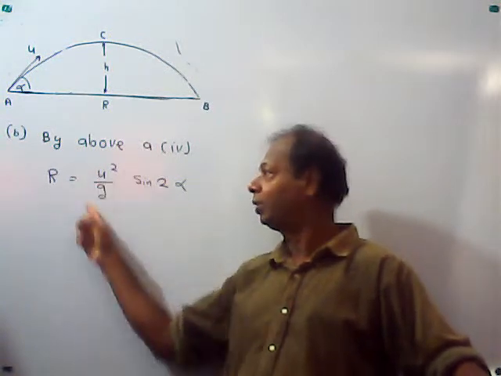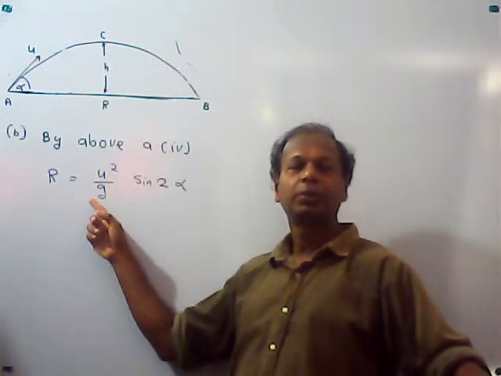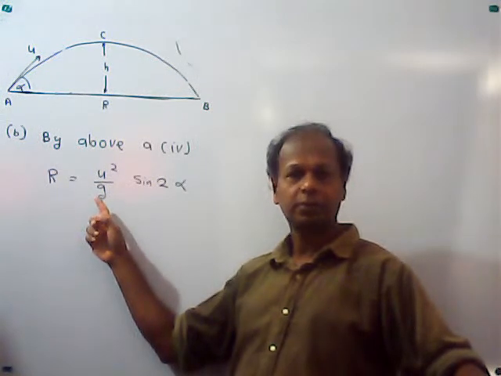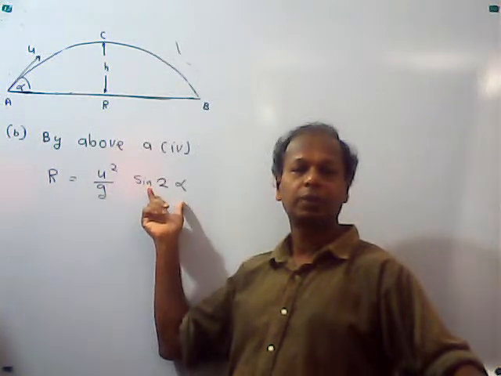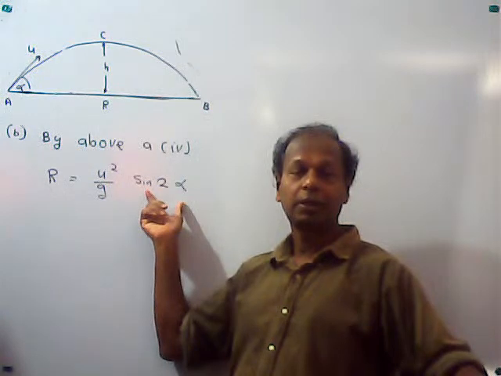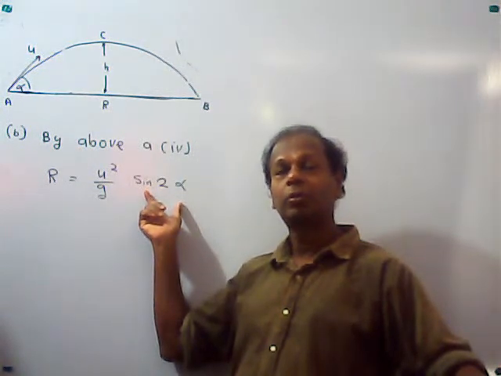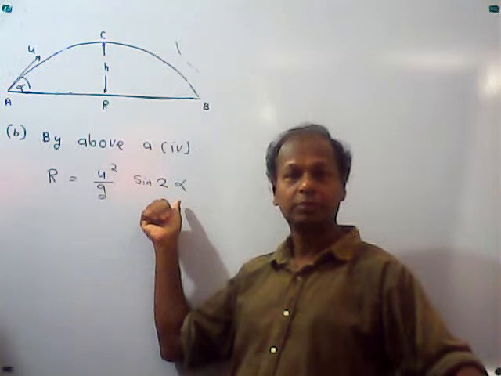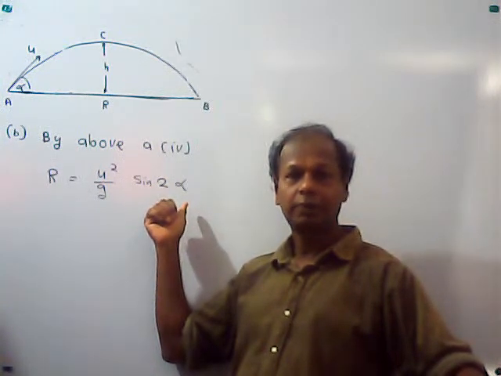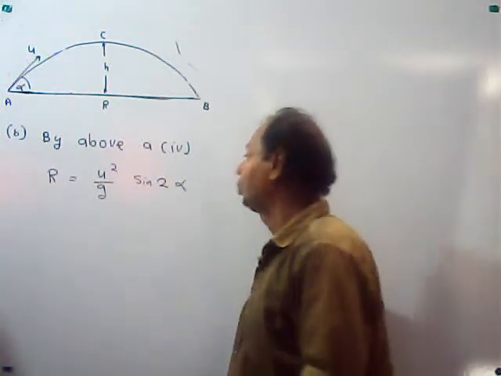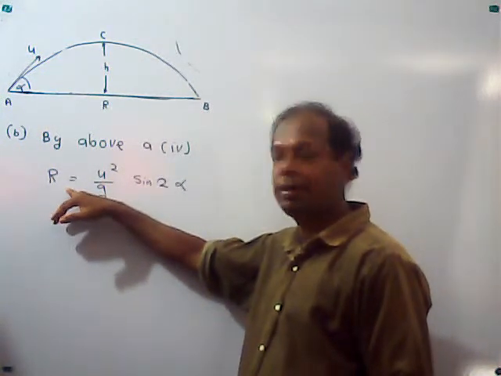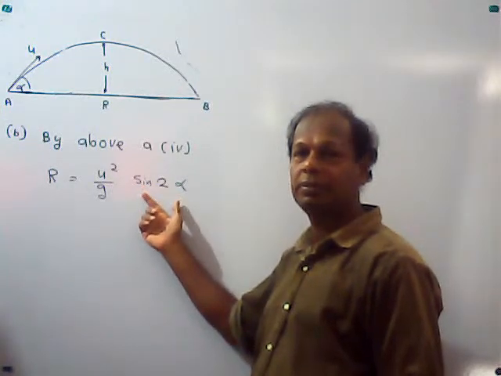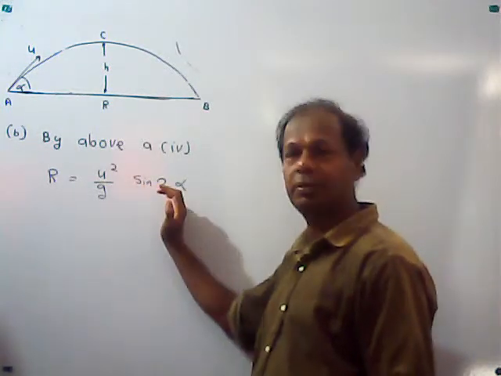So as a whole, U squared over g is a constant. R varies with sine 2 alpha, and R varies with alpha, because sine 2 alpha varies with alpha. So whether R is maximum or minimum is determined by whether sine 2 alpha is maximum or minimum.